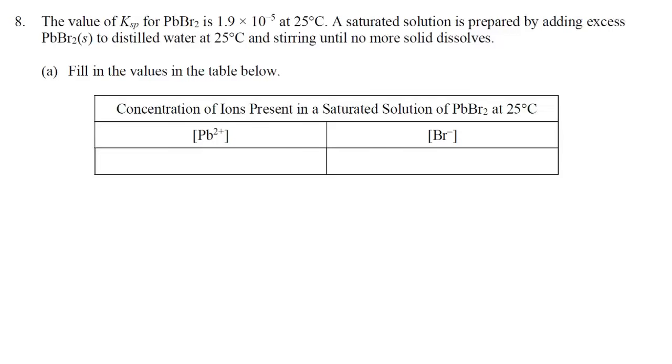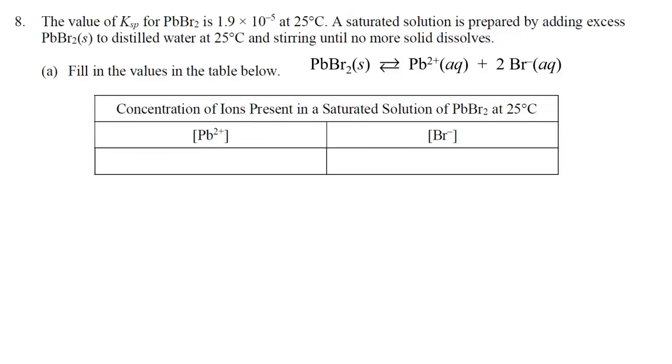So we need to calculate the concentration of the lead ion and the concentration of the bromide ion in a saturated solution of lead bromide at 25 degrees Celsius. Let's begin by writing the chemical equation for the dissolution of solid lead bromide in water. So we have solid lead bromide, PbBr2, on the left, and then we have the aqueous ions, lead and bromide, on the right.